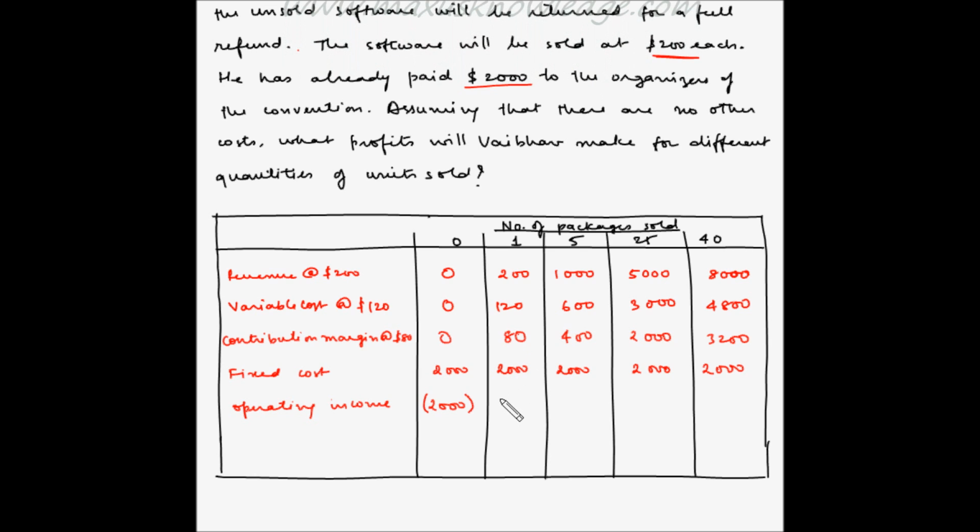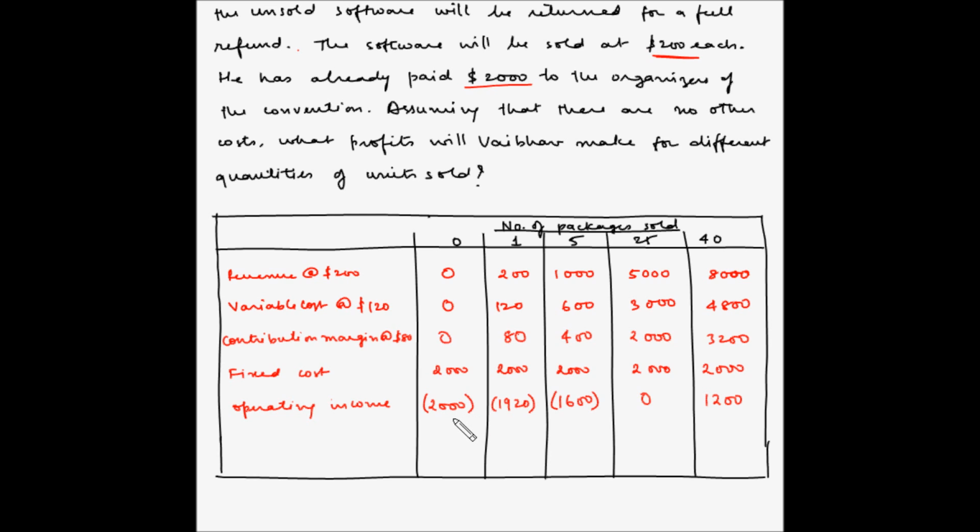80 minus 2000, this is a loss of $1,920. 400 minus 2000, this is a loss of 1600. 2000 minus 2000, this is 0, that is no profit, no loss. And 3200 minus 2000, this is a profit of $1,200.